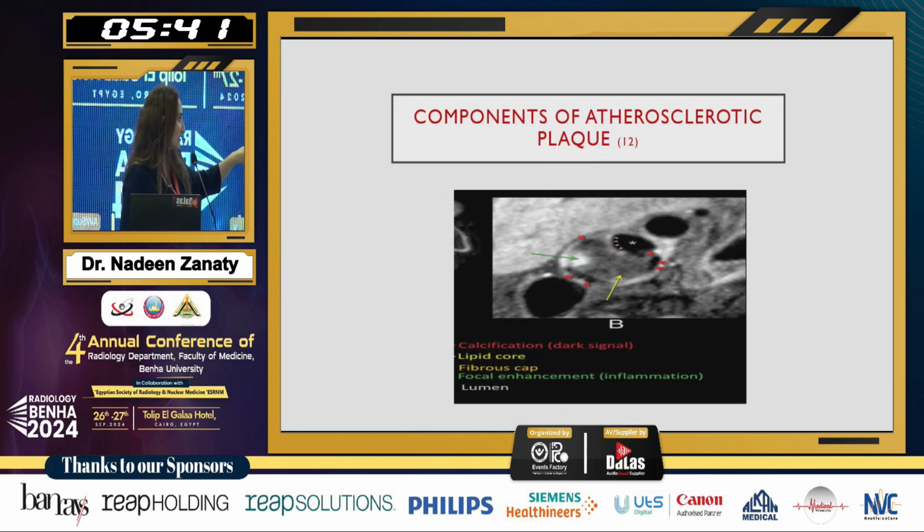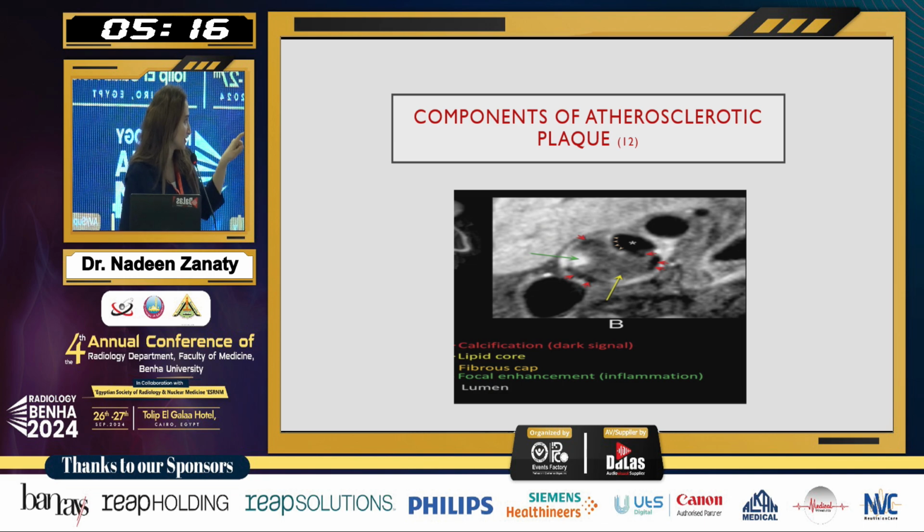Well, that's what we see here about the composition of the plaque itself. The red arrows, the very dark signal, is the calcification in the plaque, and the yellow arrow is the lipid-rich necrotic core. It usually shows isointense signal on T1, low signal intensity on T2, and it doesn't enhance. And we have these small arrowheads.